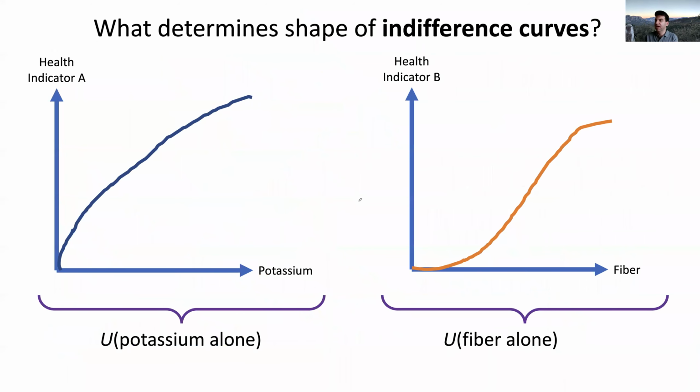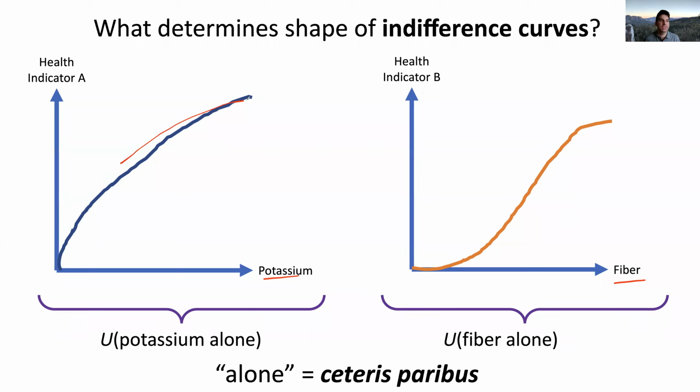Okay. All right. So what determines the convexity, the shape of these indifference curves? If we go back to our individual good utilities, like how good is potassium alone and how good is fiber alone. Then again, these are the ceteris paribus, this idea of if I were to consider one of them at a time, then we can see that you can get these things where you have diminishing marginal utility.